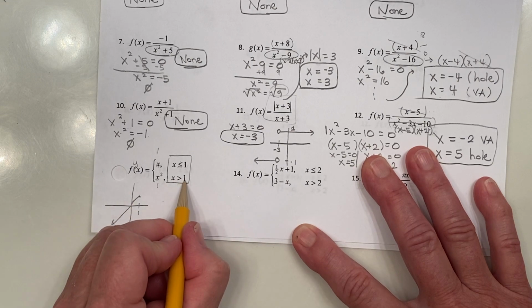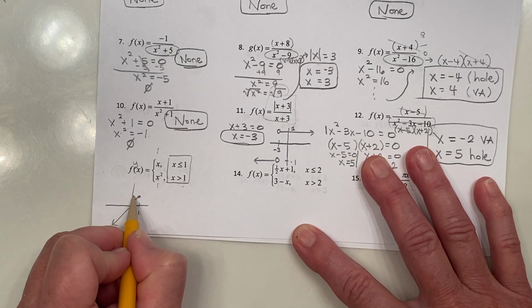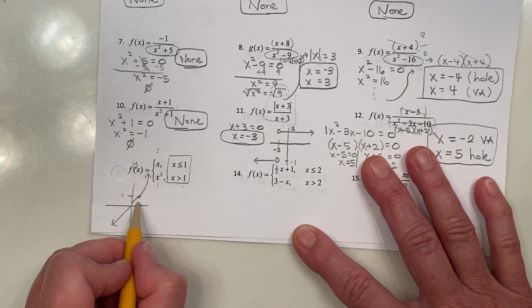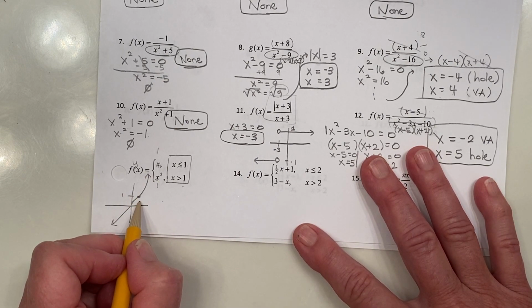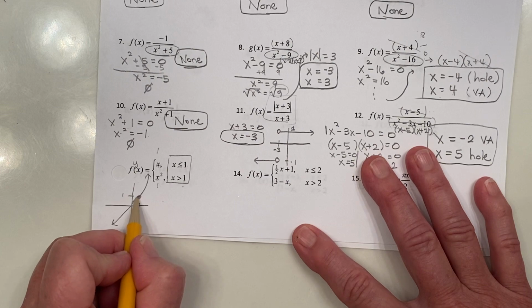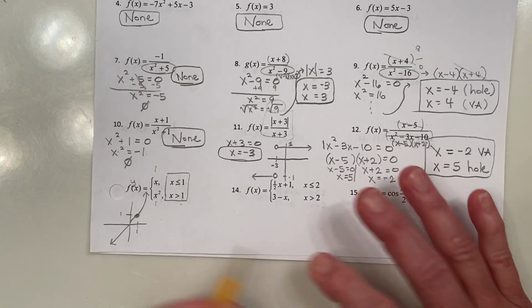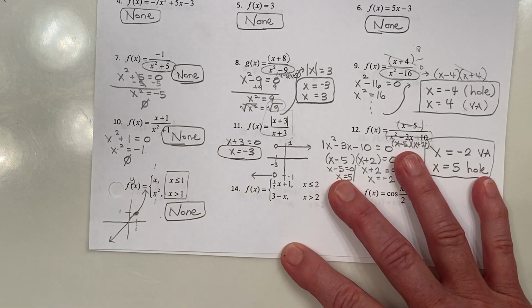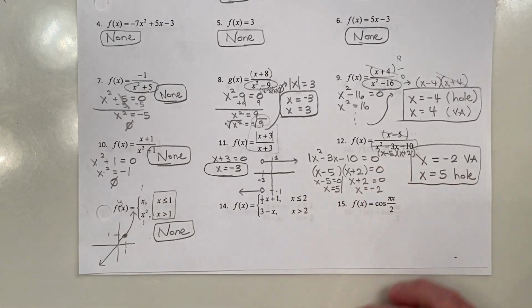And then where x is greater than 1, we're also up here at a height of 1, then it's that parabola that just continues upward. So these two pieces come together at the same y value at x equals 1. So we would respond and say there are no x values at which this graph is discontinuous.